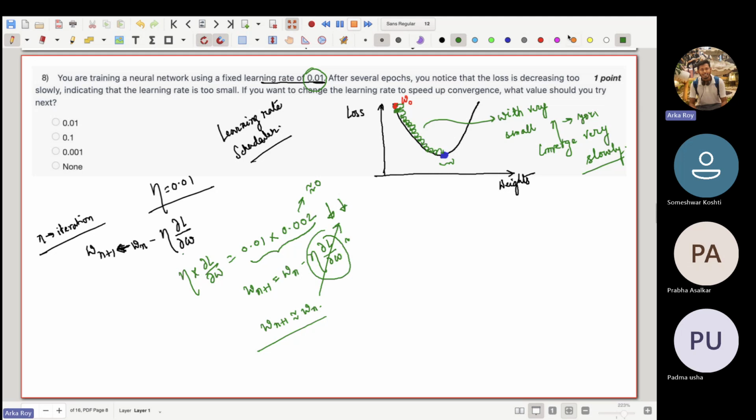And at the same time, on the contrary, if you take a very high value of eta, what will happen? It will do oscillations like this. So again, you will take much time to reach this particular position.